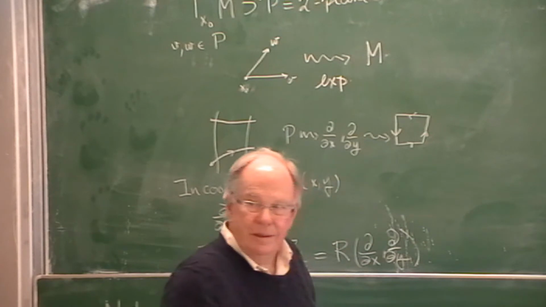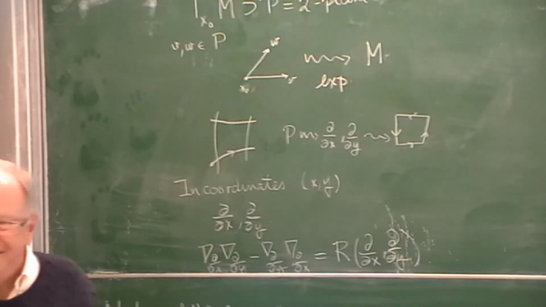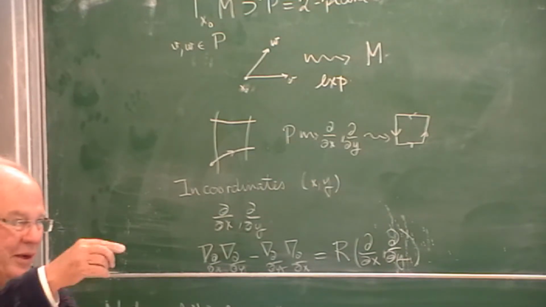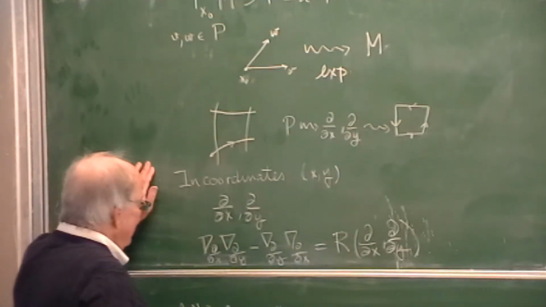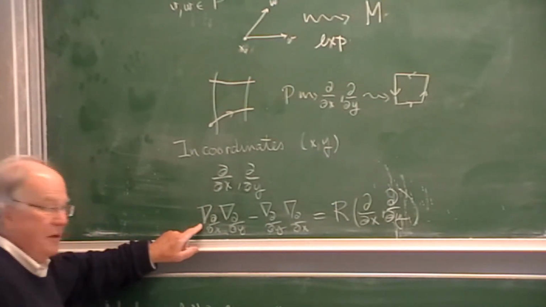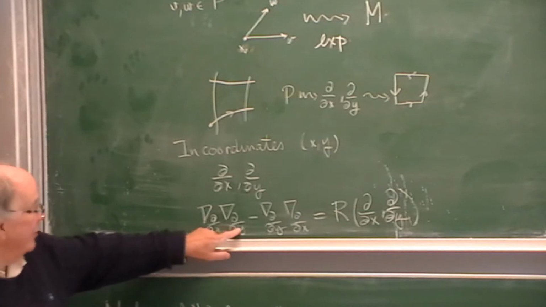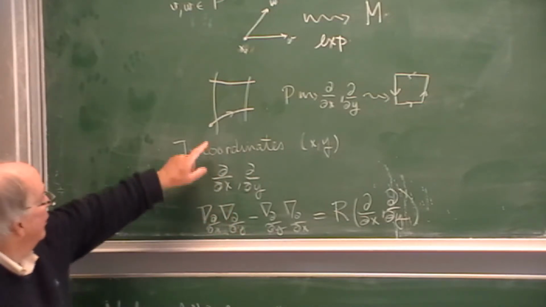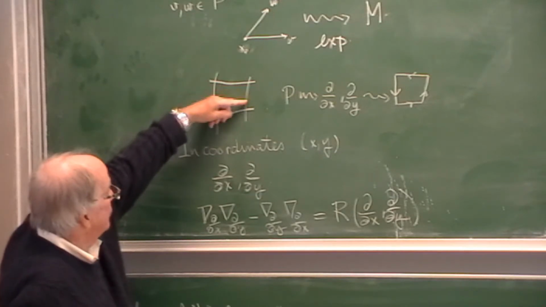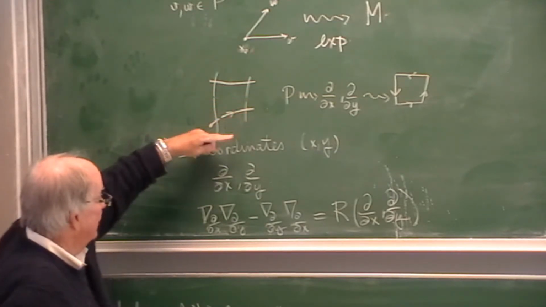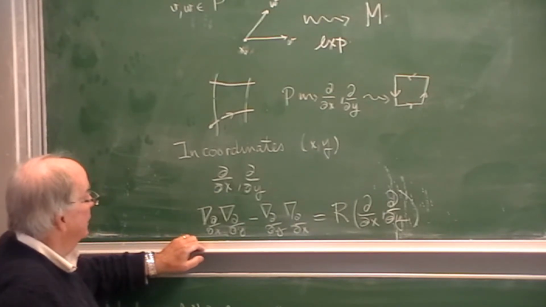This defines an element of the holonomic group, right? Parallel transport around here defines an element of the holonomic group. In fact, really what you see here is parallel transport ddx, parallel transport minus ddy, and so on.